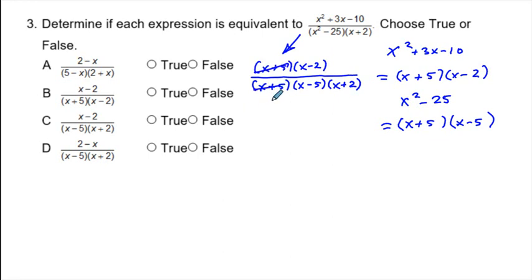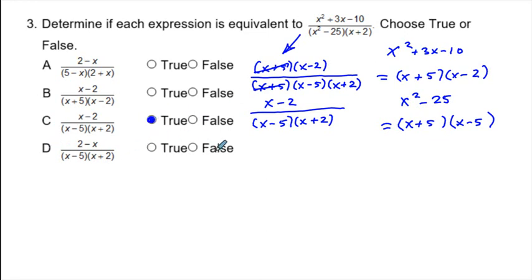So remaining we have x minus 2 in the numerator, and in the denominator we have quantity x minus 5 times quantity x plus 2. And this is going to look exactly like option C. So that is true.